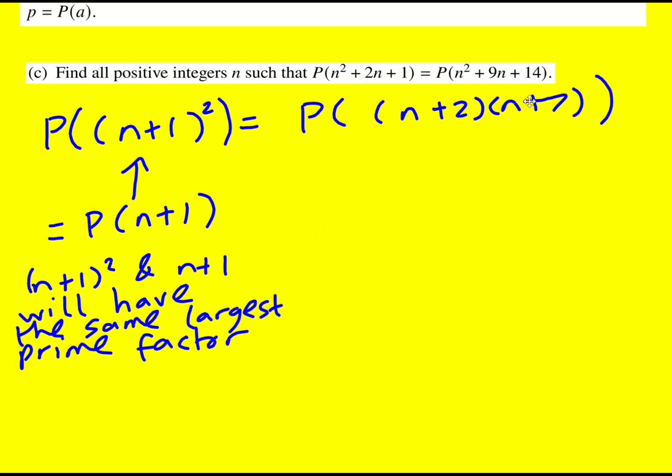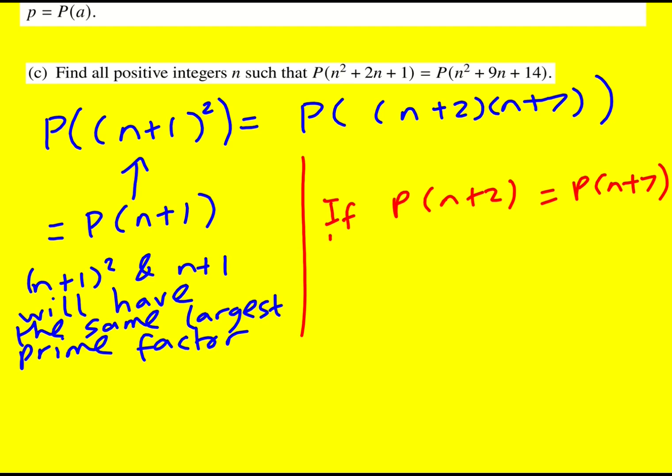Then if P(n plus 2) equals P(n plus 7), the highest common factor they can have is 5.